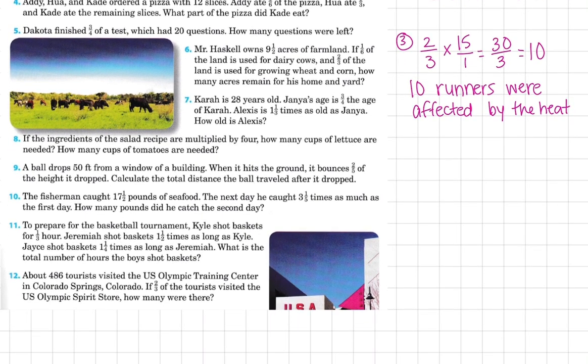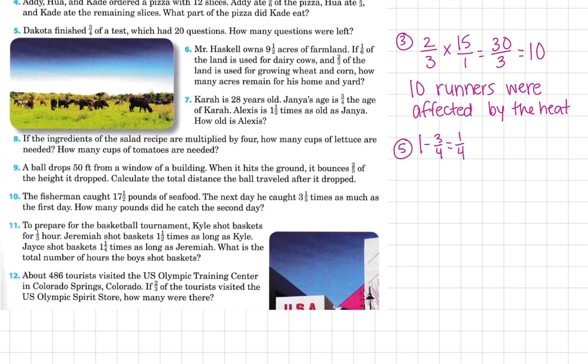All right, remember, you can pause the video at any time. Number 5. Dakota finished 3/4 of a test, which had 20 questions. How many questions were left? So we know he finished 3/4. So how much does he have left? Well, we would do 1 minus 3/4, which equals 1/4.